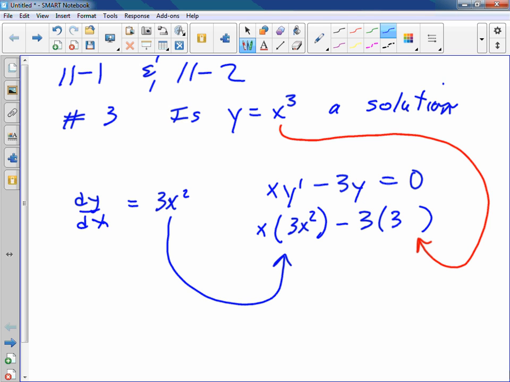And then we got, wait, not 3, just x cubed.